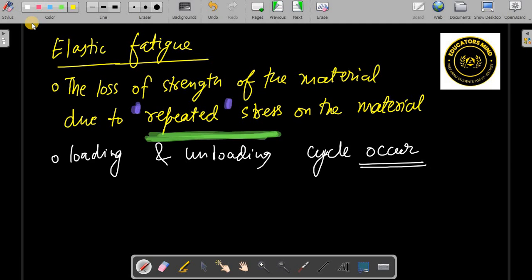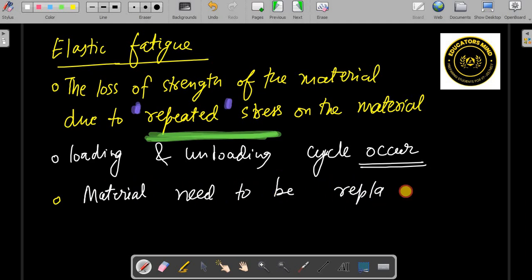The material of the chair becomes weaker and weaker. So that's why material needs to be maintained or replaced for daily application.